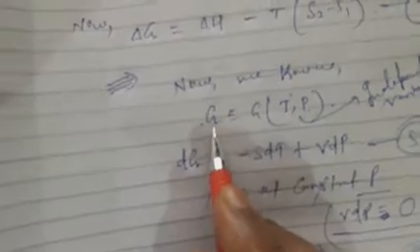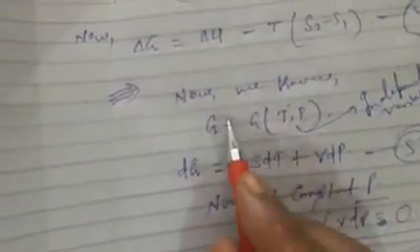Now, G varies with T and P, so dG is equal to minus SdT plus VdP.